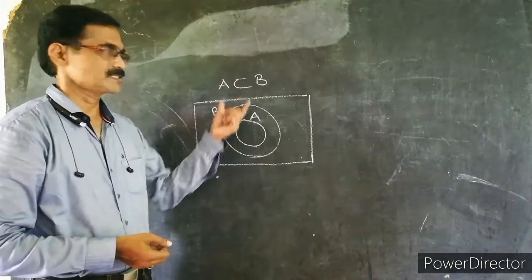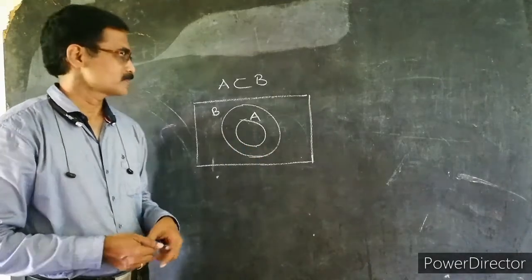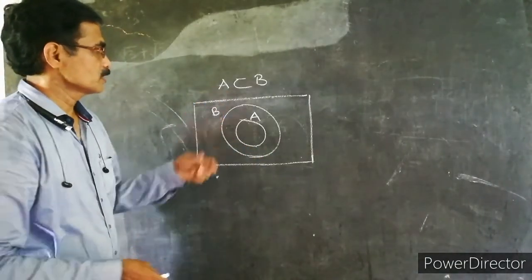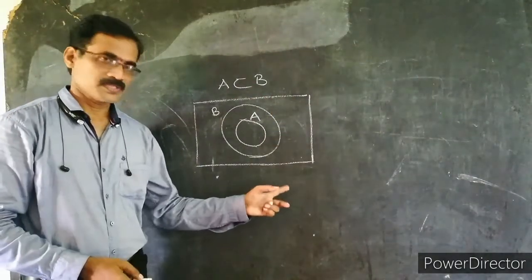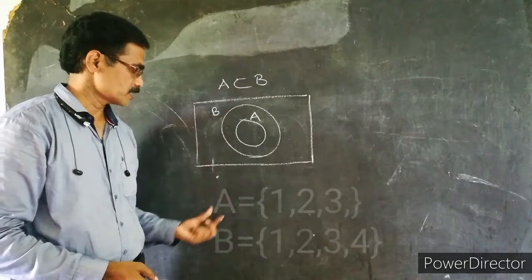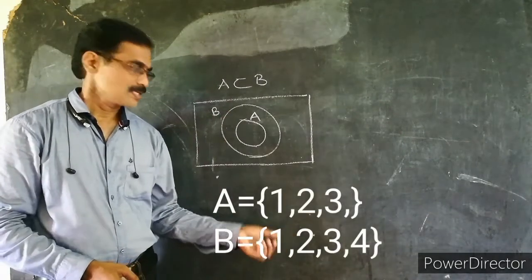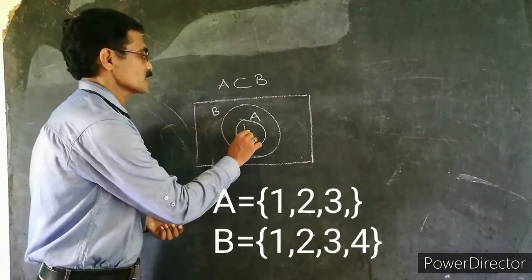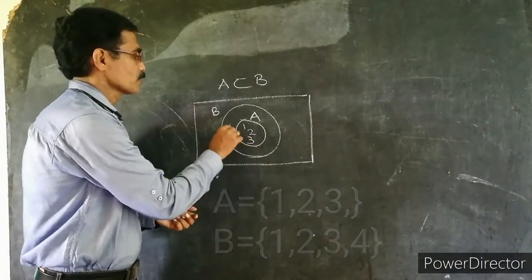That is subset figure or Venn diagram. Means, for example, in set A there are elements 1, 2, 3. In set B there are elements 1, 2, 3, 4. Okay. Now how can we represent in set A 1, 2, 3 and in set B 1, 2, 3, 4.